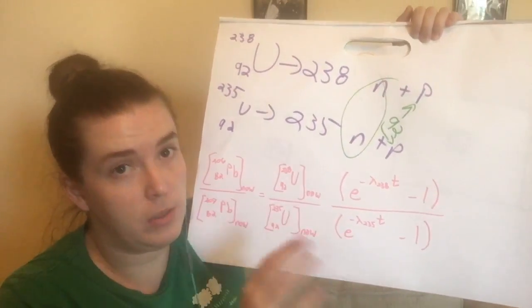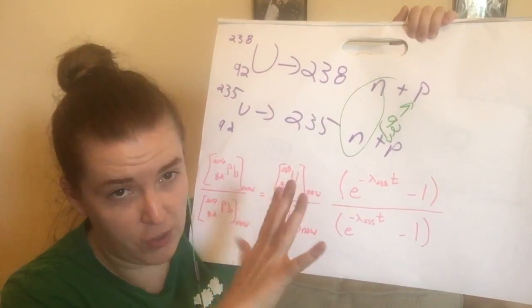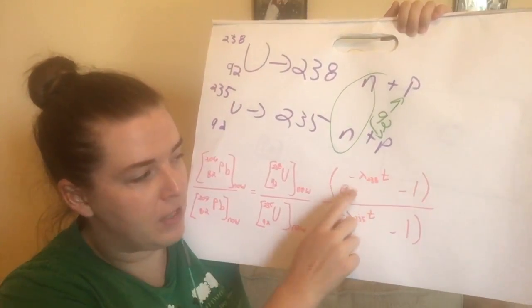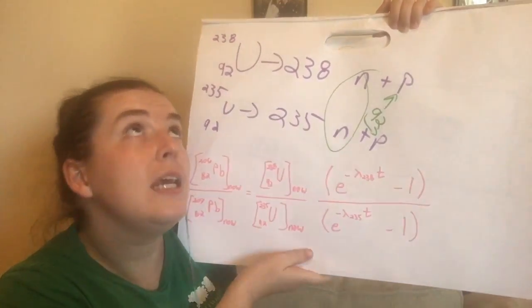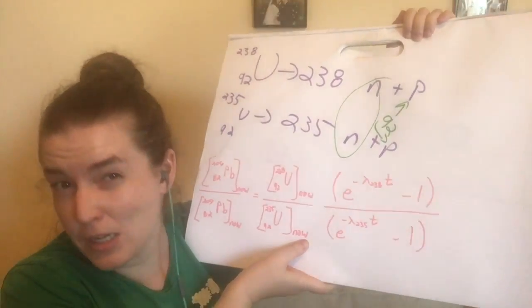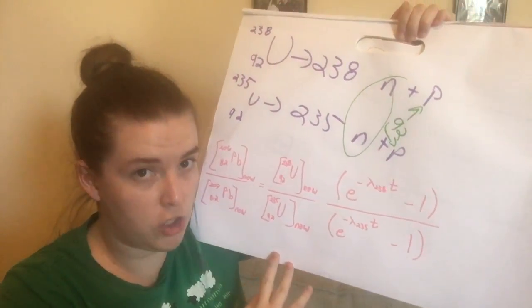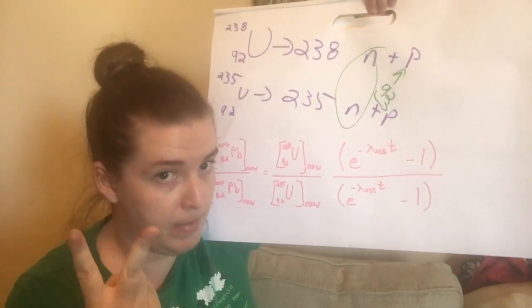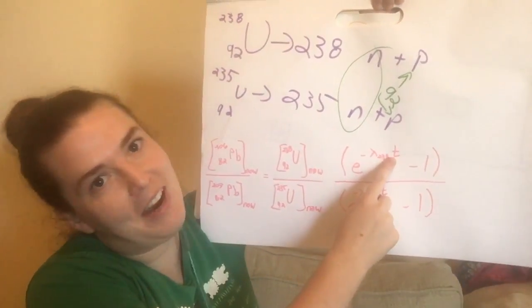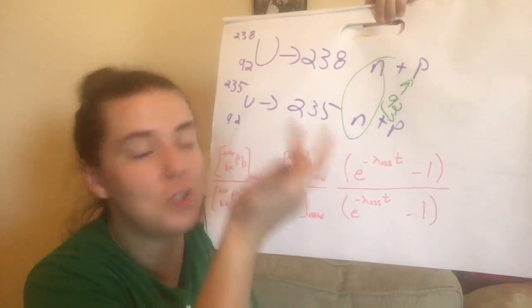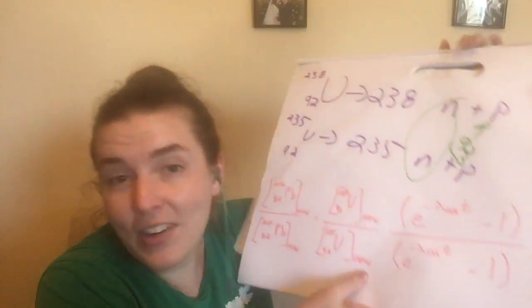The half-life for uranium-235 is about 700 million years, and the half-life for uranium-238 is like 4.5 billion years. So what that means is that we know everything in this equation. We either already know it or we can measure it, except for the time. So the time just tells us how long has passed.